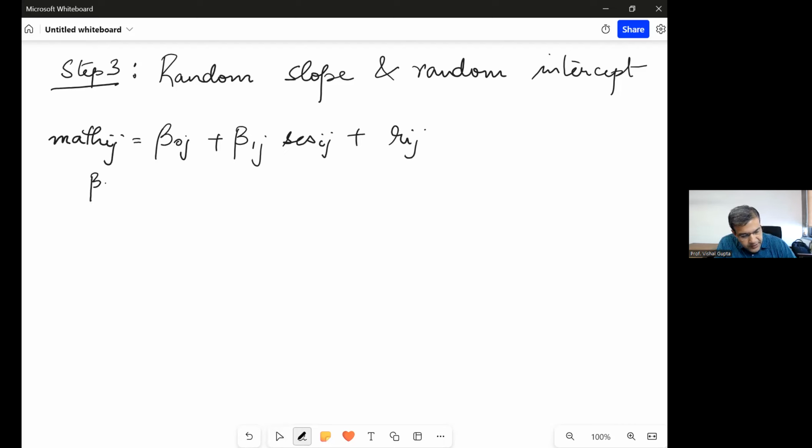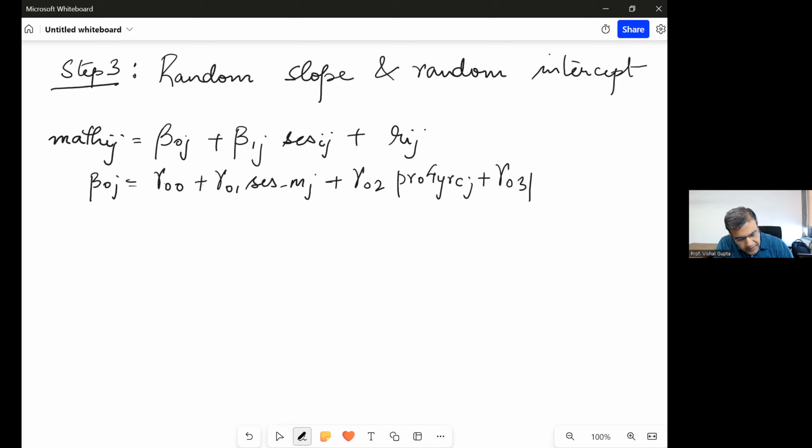Beta 0j is equal to gamma 00 plus gamma 01 SES mean j plus gamma 02 pro 4-year college j plus gamma 03 public j plus u0j, and beta 1j.